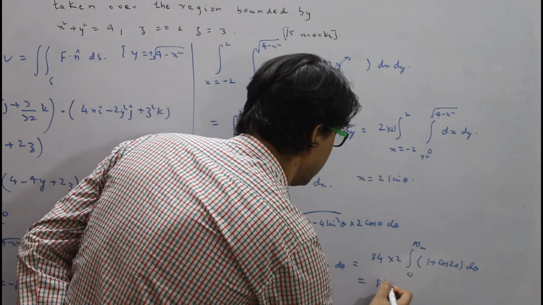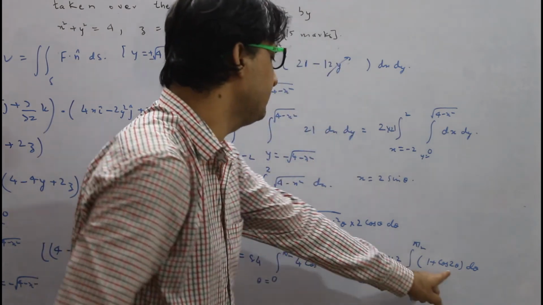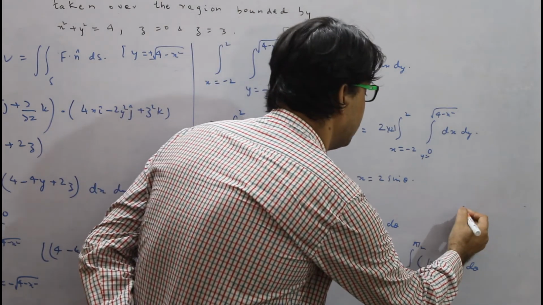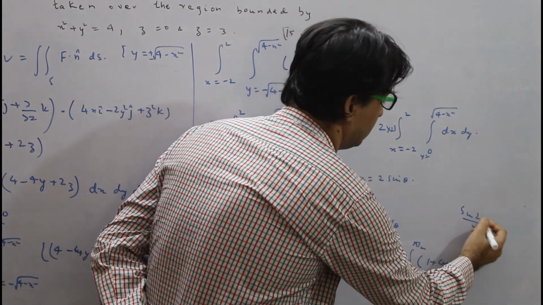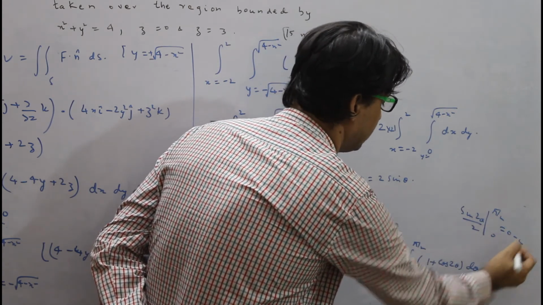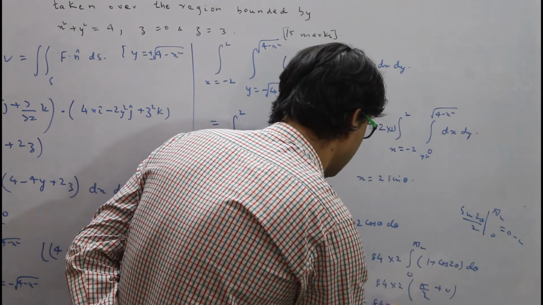This can be written as 84 into 2, and this is pi by 2. The integration of cos 2 theta is sine 2 theta by 2, at pi by 2 this is sine pi, which is 0, and minus 0. So this is 0. So we get our answer as 84 pi.